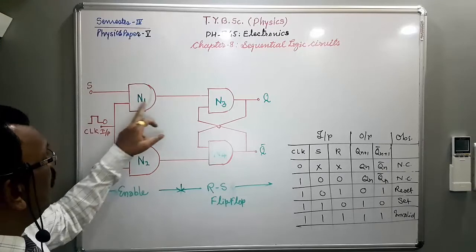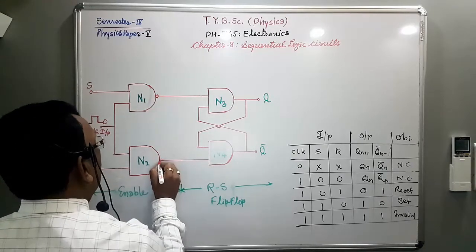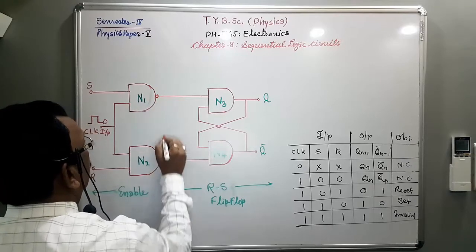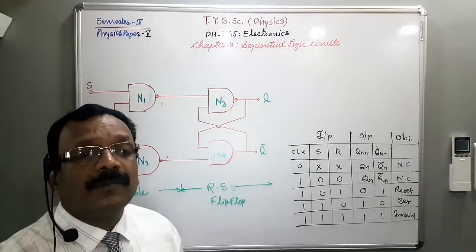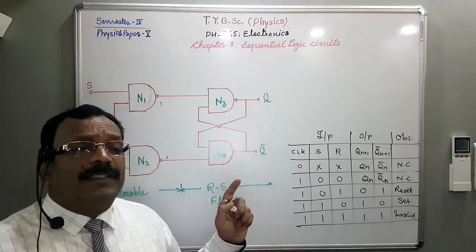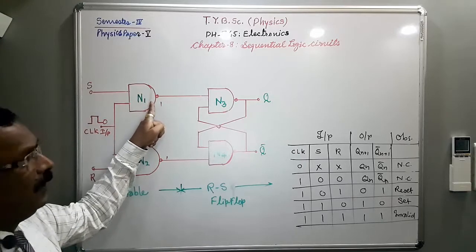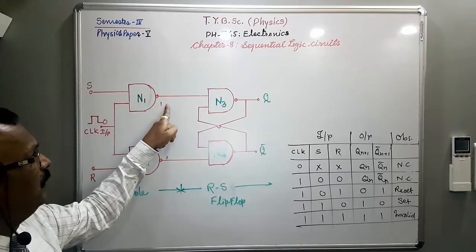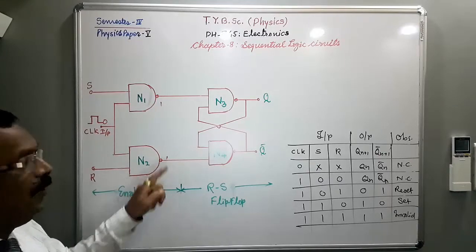When the clock pulse is 0, this 0 drives this NAND gate and its output is 1, and due to this 0, the output of NAND gate 2 is also 1.